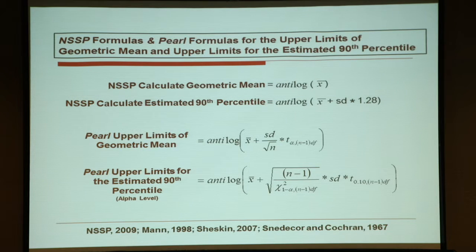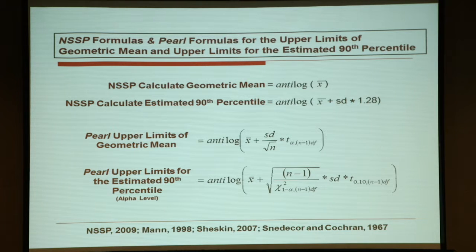Now, we only use data sets that are maintained by regulatory agencies, and the identical analytical methods and regression formulas for geometric mean and estimated 90th percentile that are mandated by the NSSP.